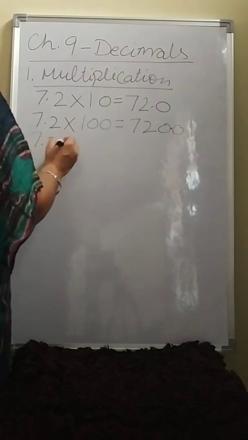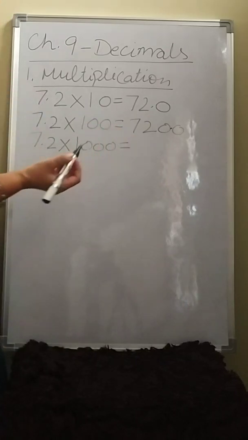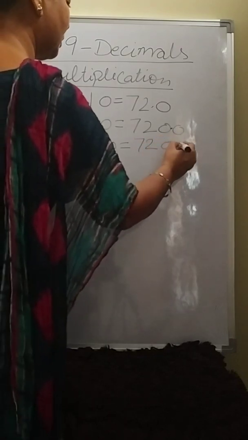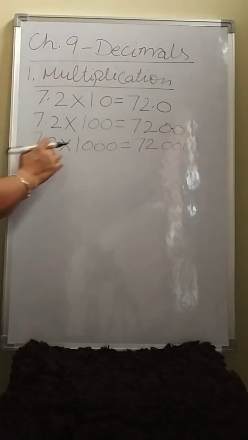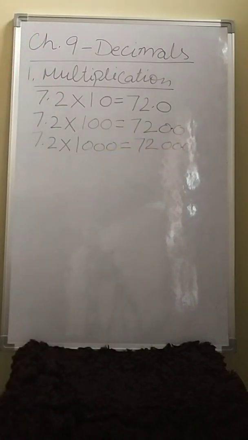If we multiply it by 1000, first simply multiply 72 into 1000, which is 72,000. Then put the decimal before three digits, and you get the answer 7200.